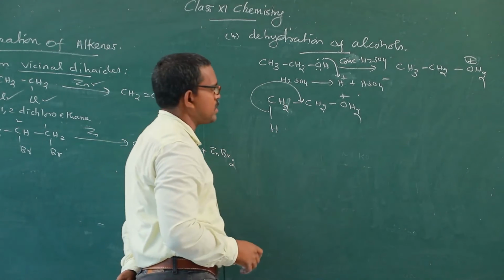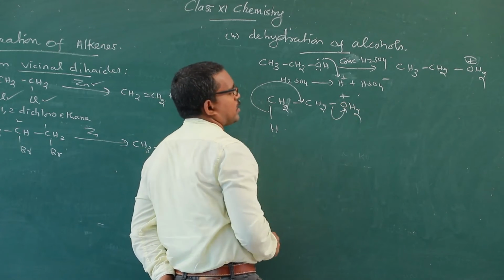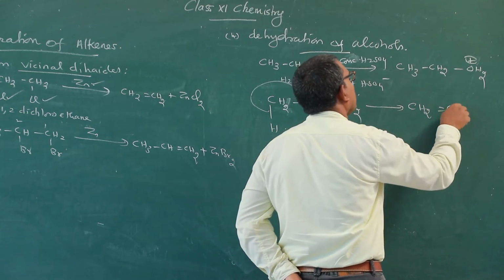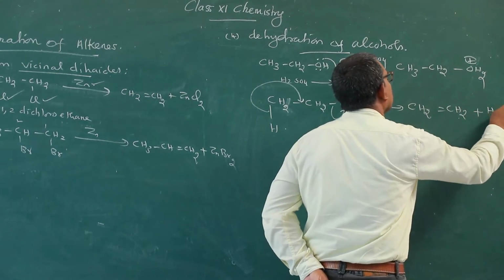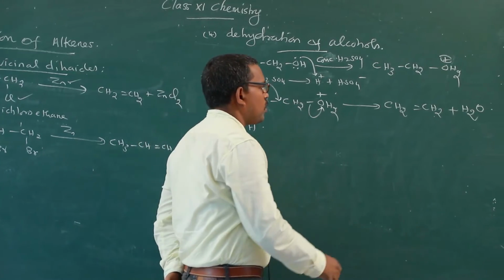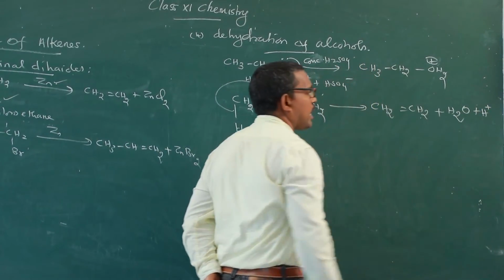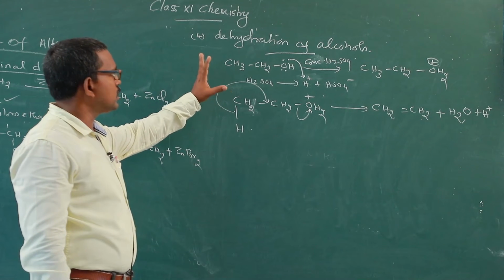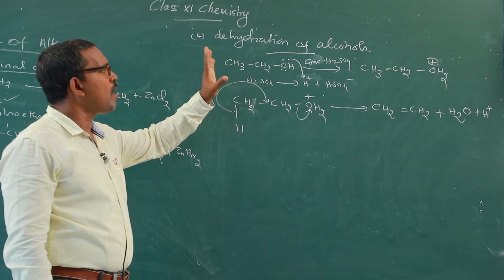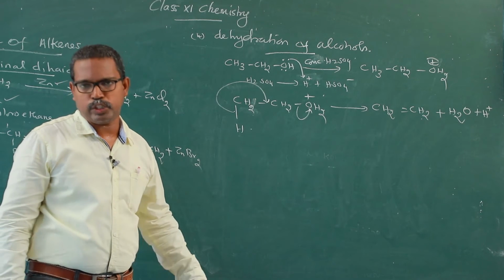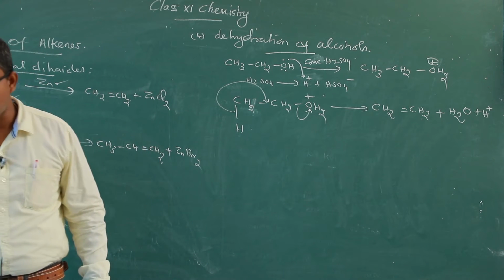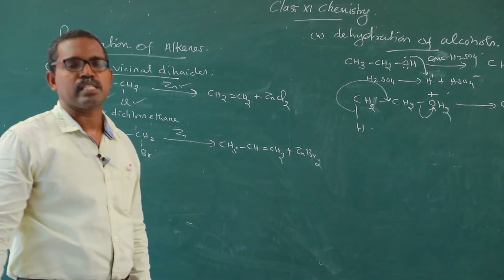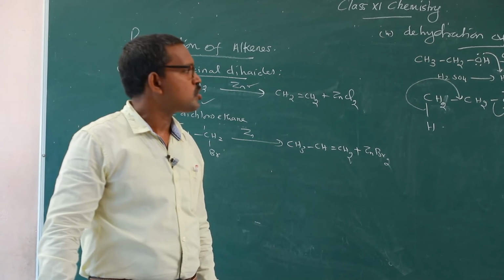Here hydrogen H plus is eliminated. So, a water molecule is removed, giving CH2=CH2 plus H2O and H plus. The catalyst H plus is regenerated during the course of the process. This is dehydration of alcohols with the help of acids. Concentrated sulfuric acid provides H plus ion which acts as a catalyst.